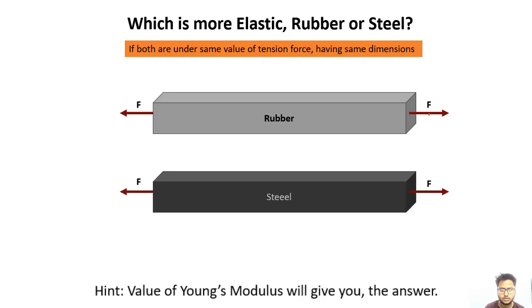So try to find the Young's modulus for both materials. You can give your answer on Google Classroom or in the YouTube channel comment box, and if you have doubts, you can ask there.